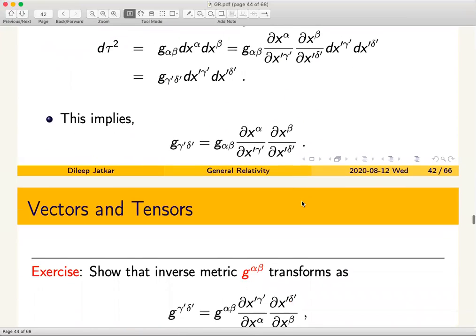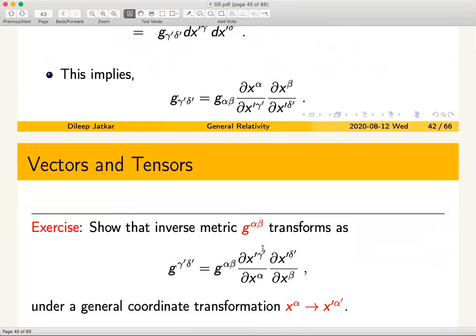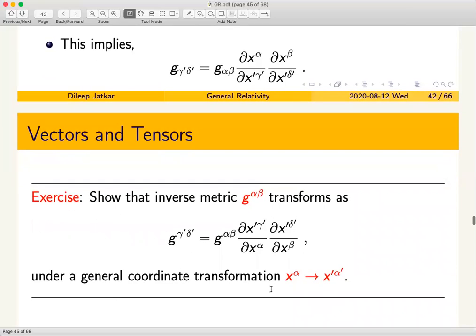Fine. So you could ask the question, what happens if you look at the inverse metric g^αβ with upstairs, contravariant indices? You can show that g^γ'δ' is equal to g^αβ times ∂x'^γ'/∂x^α times ∂x'^δ'/∂x^β under a general coordinate transformation, which takes you from the x^α coordinate system to the x'^α' coordinate system.